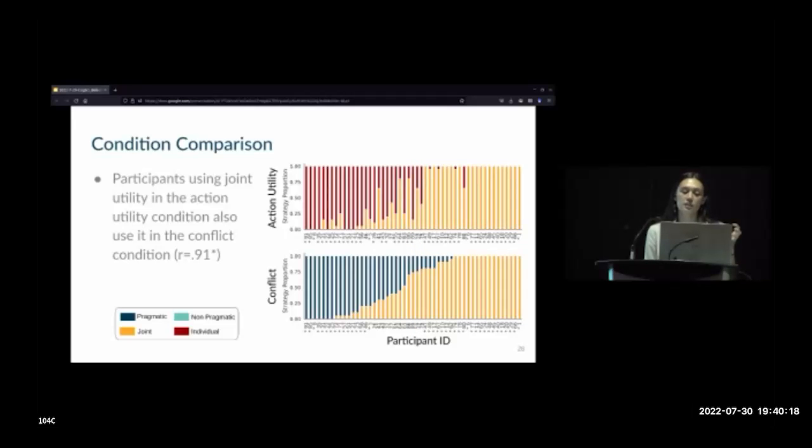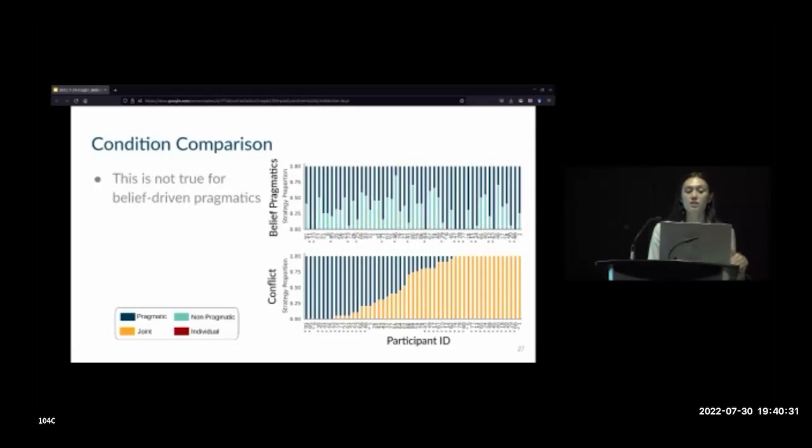And from this comparison of conditions, you can see that people using joint utility in the action utility condition are also very, very likely to be using joint utility when they come into conflict. So they're highly correlated. However, this is not true when we look at the comparison to belief-driven pragmatics. Whether you use pragmatics or not isn't helping predict what you're doing in this conflict condition. So this may suggest that across participants, joint utility is a little bit more of a robust strategy for solving this task.